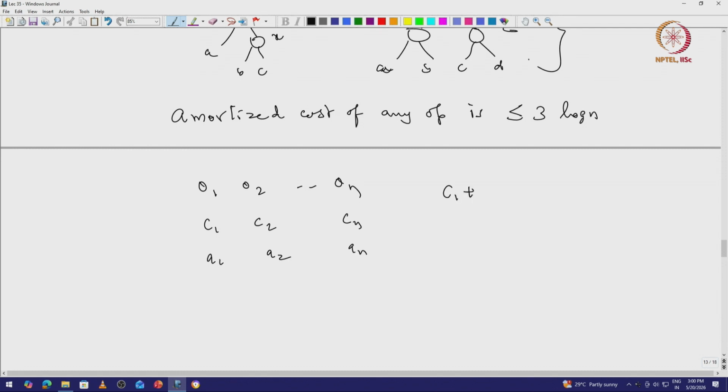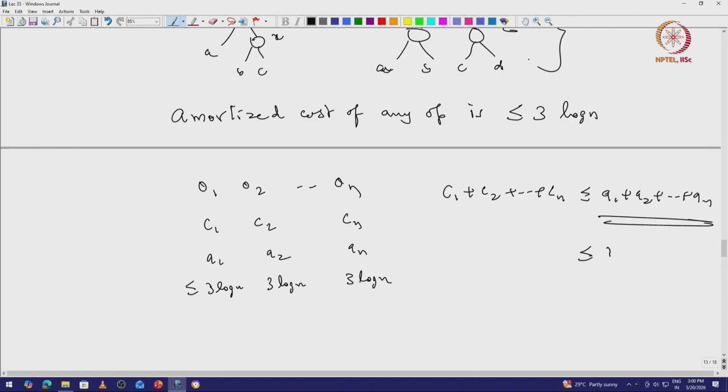We know that C1 plus C2 plus Cn is less than or equal to A1 plus A2 plus An, but each of them is less than or equal to 3 log n, that is guaranteed. Therefore this sum is less than or equal to 3n log n. So any sequence of operations will have a cost not more than 3n log n.